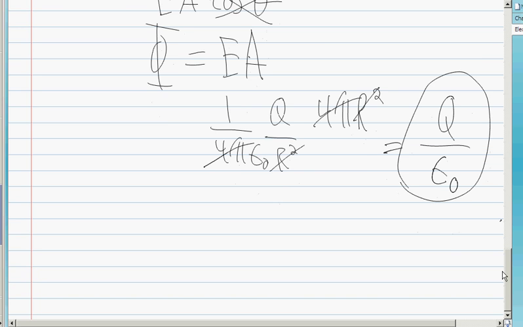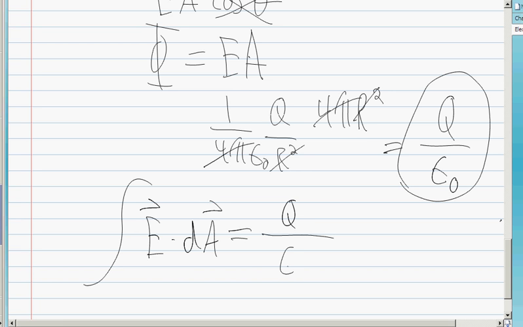The awesome thing about this is that it makes a link between electric field and electric force, a specific one. Which means if we take E dot dA for a closed surface, it will tell us the charge over epsilon naught.